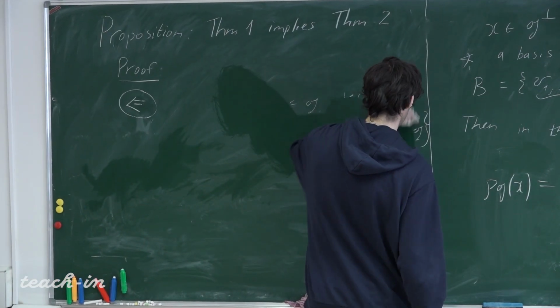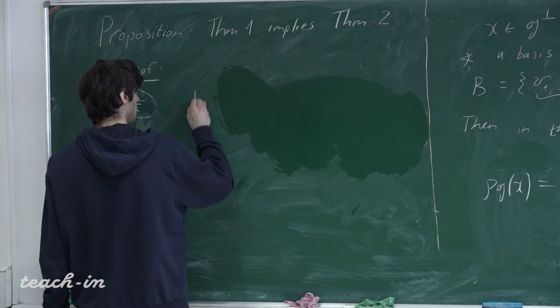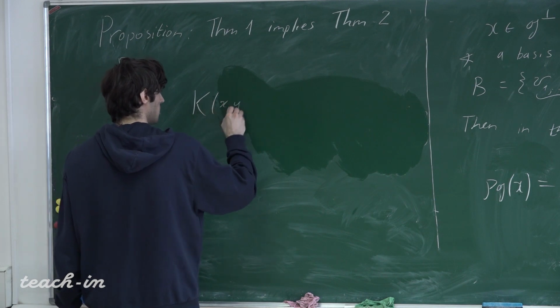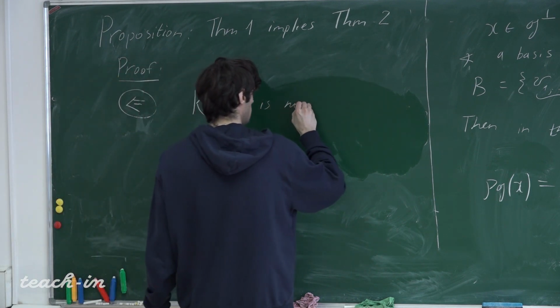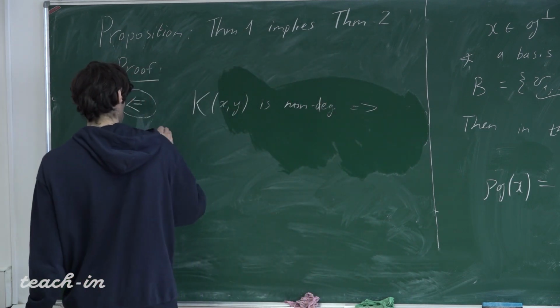Very well. So K(x,y) is non-degenerate. Therefore, G is reductive.